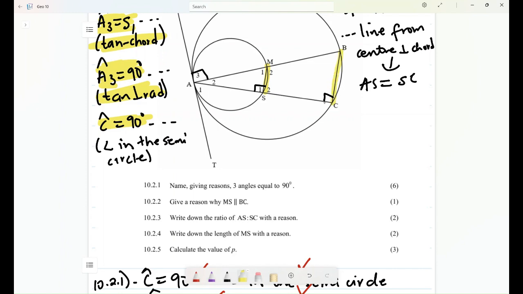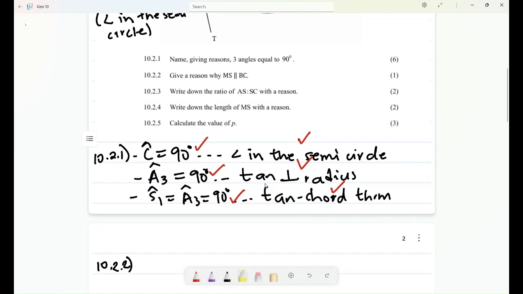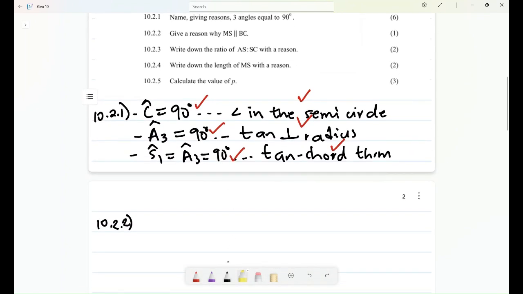Well, if I extend this, it forms a corresponding angle, right? And I know this angle should be equal to this angle. Is that the case? Yes. Why? Because they are both equal to 90. So I'm going to say angle S1 is equal to angle C, equal to 90. I have proven that.